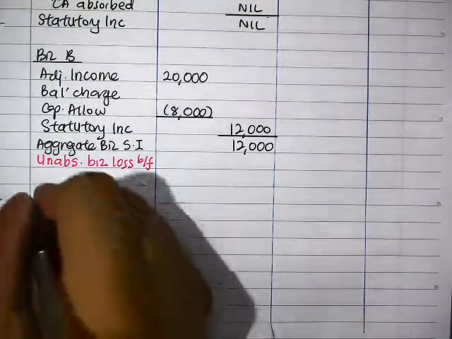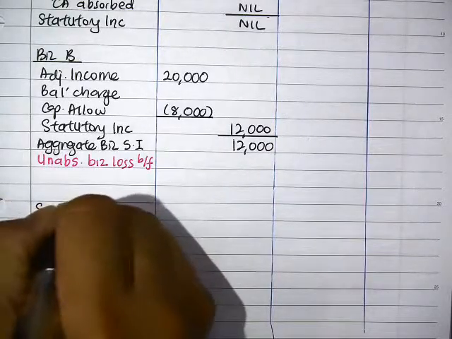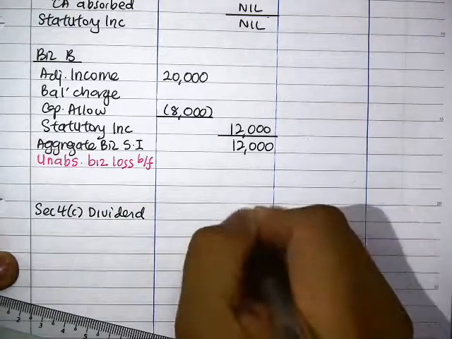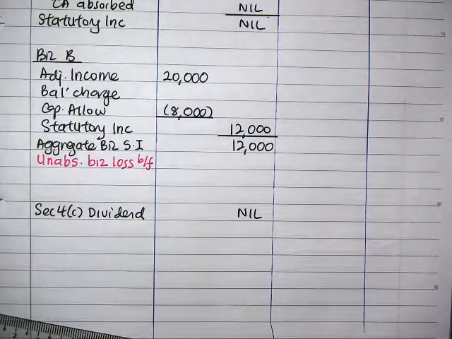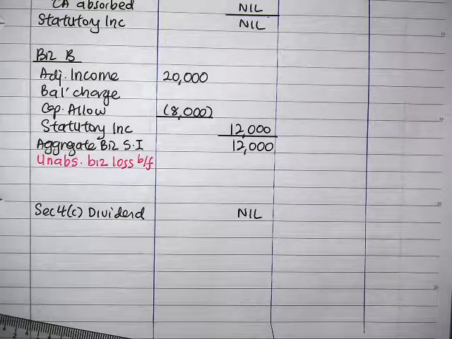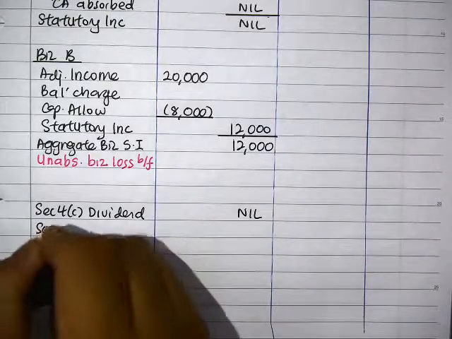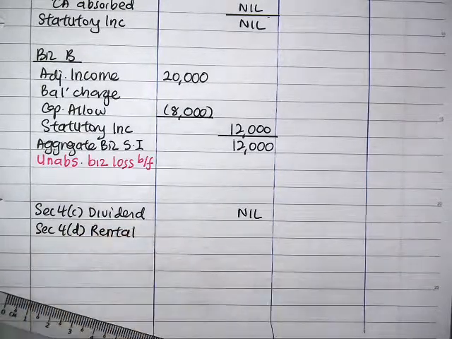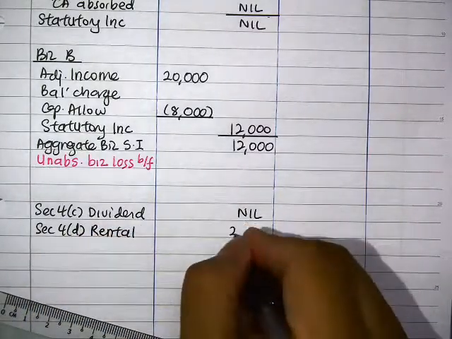In this case, you have your 4C dividend. Now we just put nil, because in exam F6 all dividend is taken as tax exempt. And you're going to have 4D, your rental income, which is given as 25.